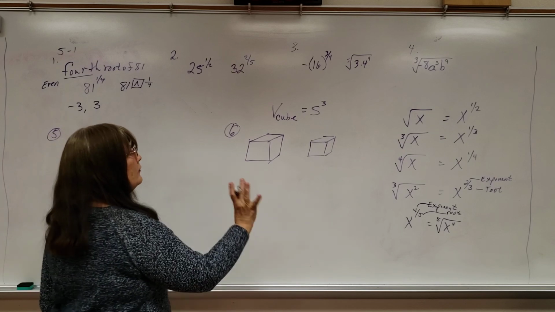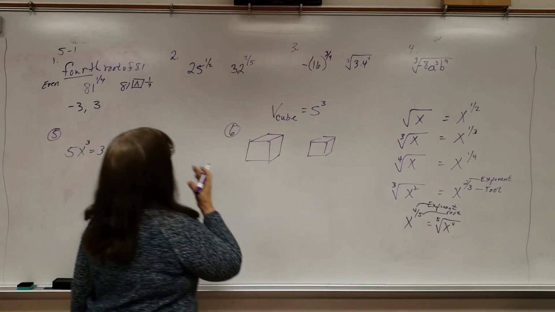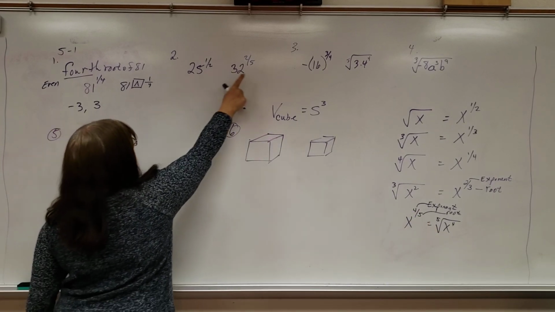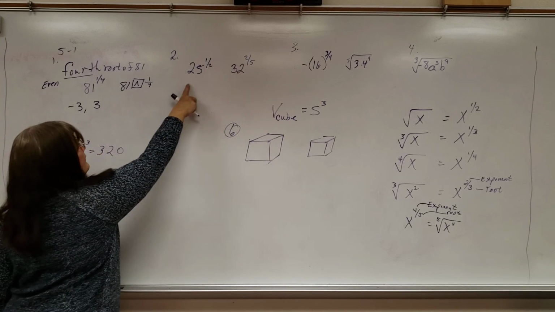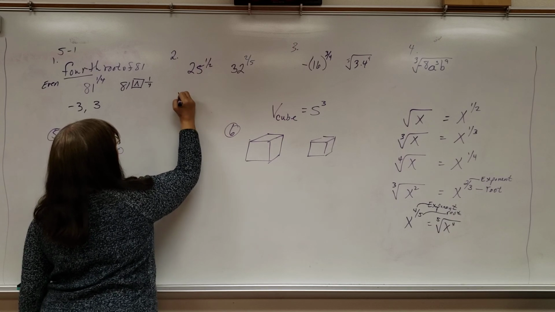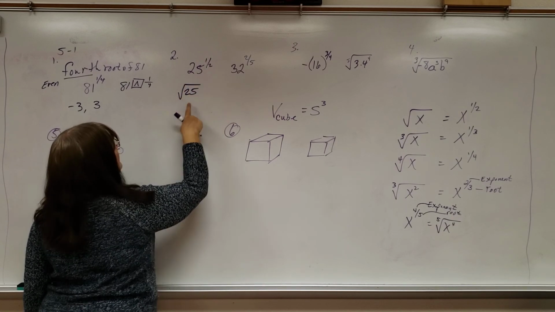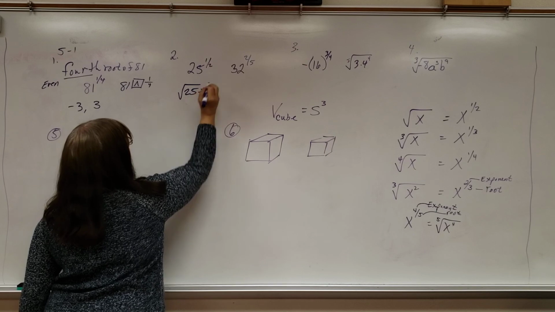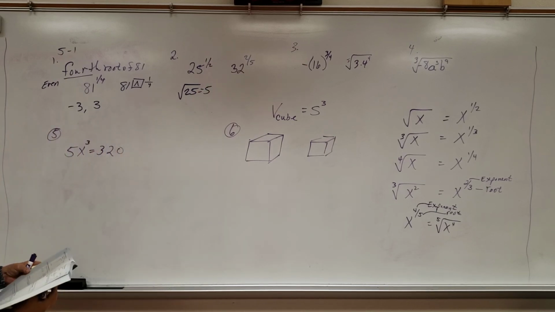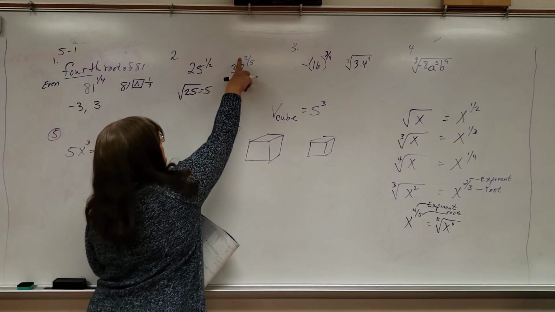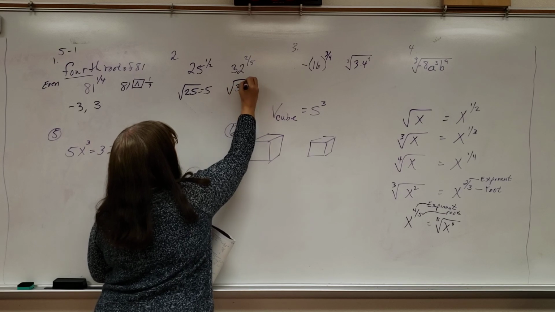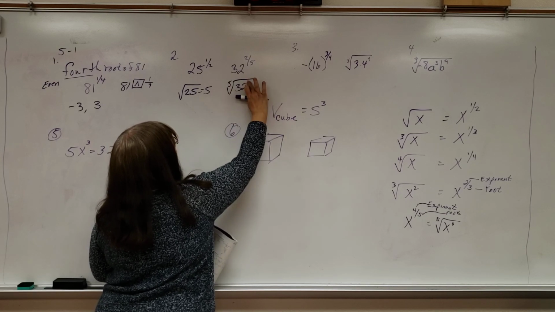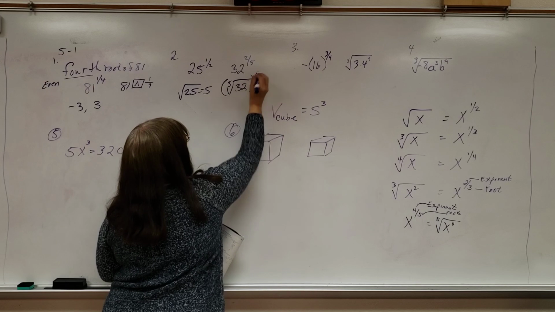So remember over here in this section, I talked about the rational exponents. 25 to the 1/2 is saying the same as the square root of 25. The square root of 25, of course, is 5. 32 to the 2/5 is the same as saying the 5th root of 32, squared, and we want to put the square out here.